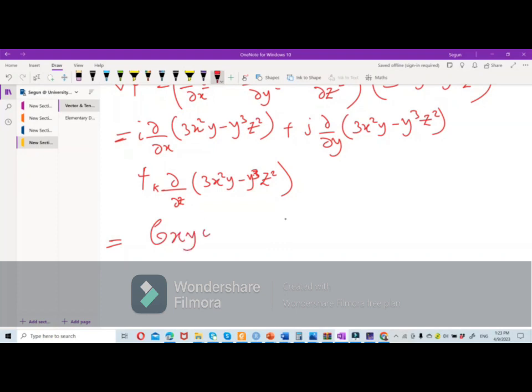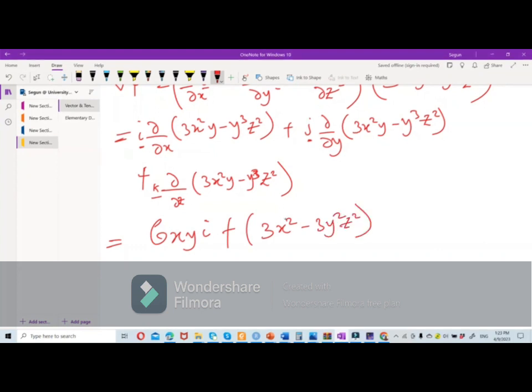6xy i. Don't forget this i. Don't forget these components, they are key to the direction. Then plus, we need to differentiate y. So if it is y, we have 3x squared minus 3y squared z squared.